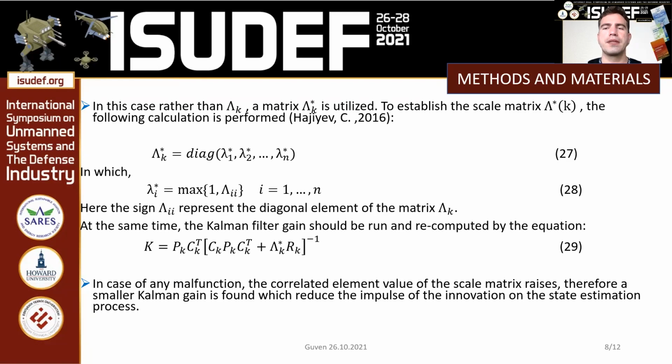In case of any malfunction, the correlated element value of the scale matrix rises.